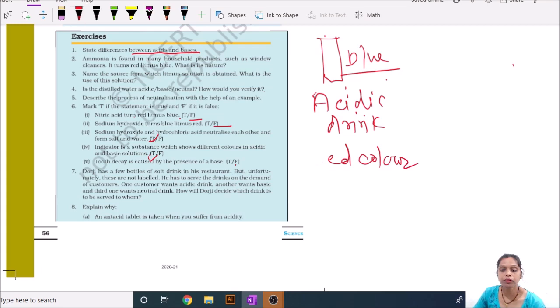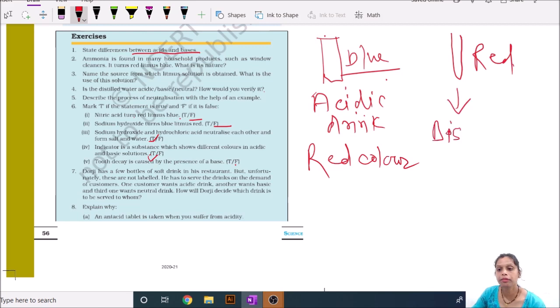And when you take a red litmus paper and put it into a basic drink, it converts into a blue color.